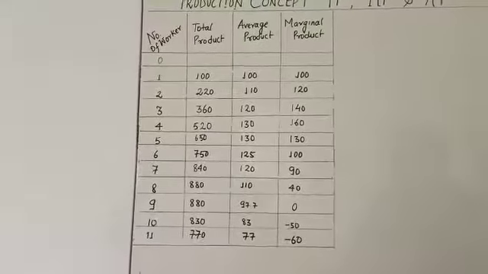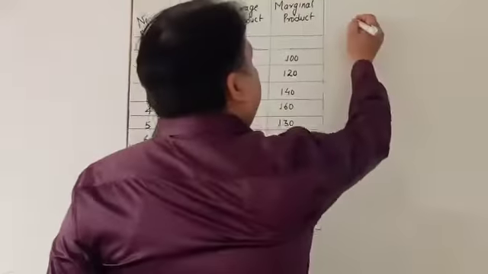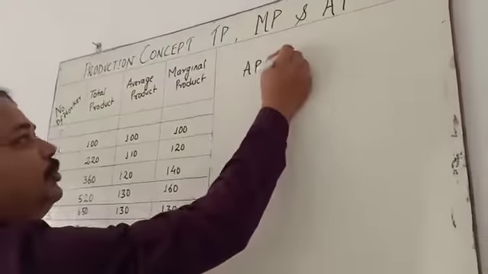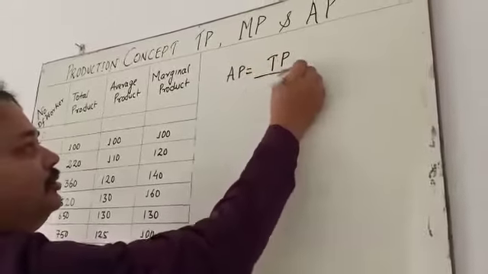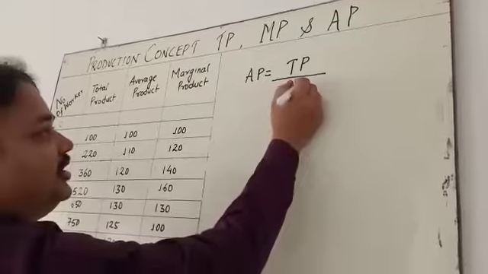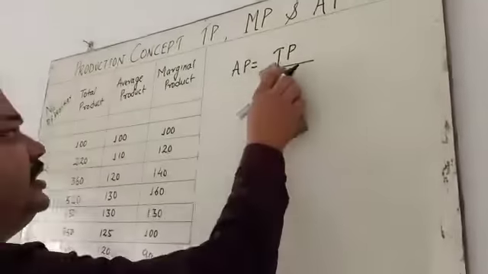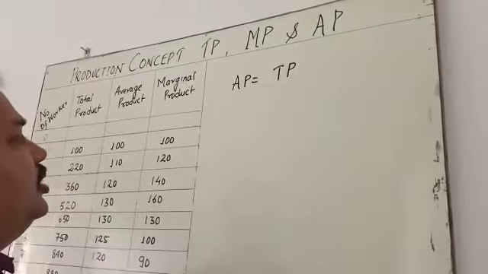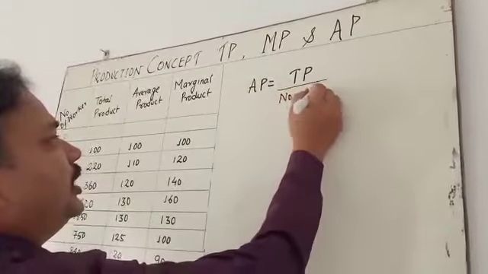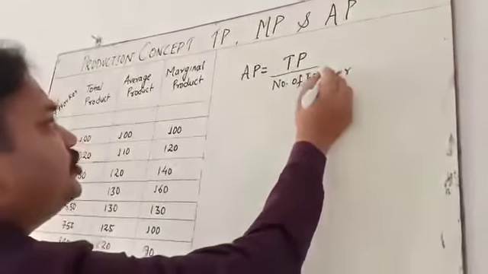How to calculate average product? Let's take this case. Average product is equal to total product upon quantity. You can also say that here we are studying about production, so total product upon number of workers means how many workers produce this quantity.